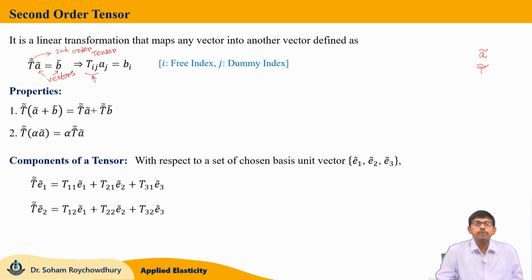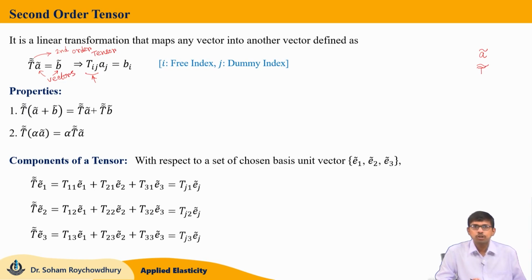Similarly, if T is operated over the second base vector E2, that results in T12 E1 plus T22 E2 plus T32 E3. Similarly, if we act T on E3, the third base vector, that would result in T13 E1 plus T23 E2 plus T33 E3. With the help of these three transformations, when the tensor is acting over the three base vectors, we can define the tensor components.